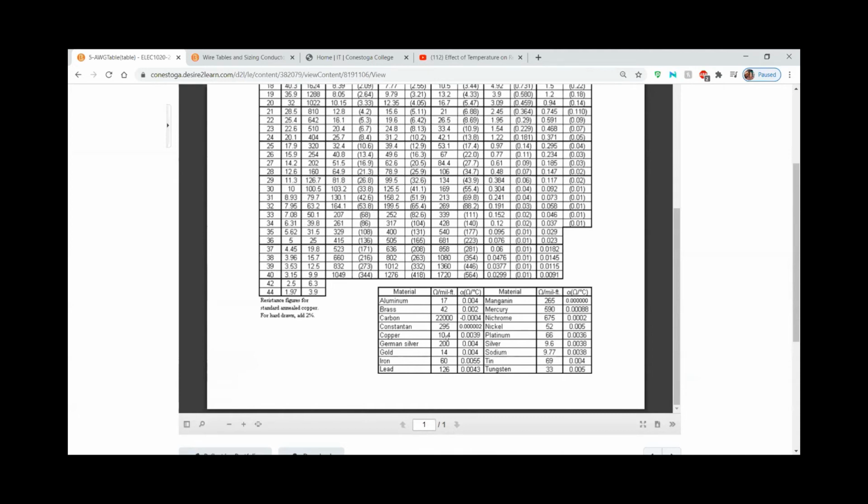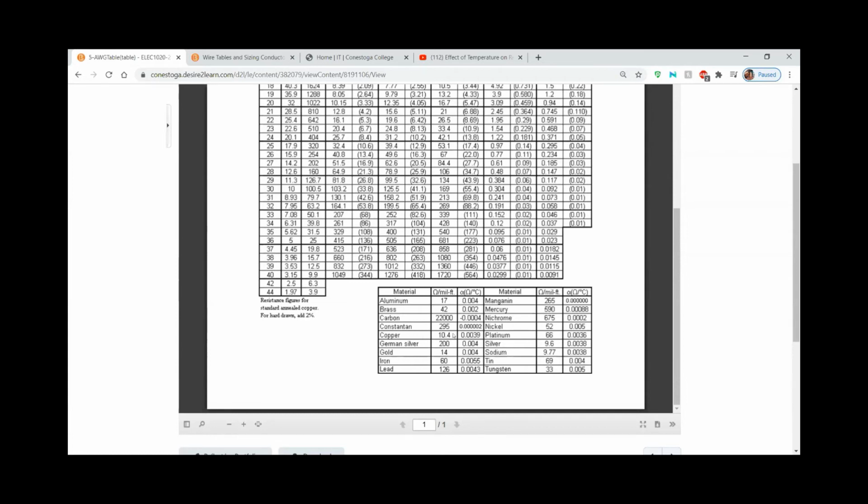So 10.4 what? Ohms per mil-foot. Silver, no, we're not going to use silver mostly. We're going to use aluminum. In the case of aluminum, the ohms per mil-foot is equal to 17. Depending on the material type, we are going to have different K factors.